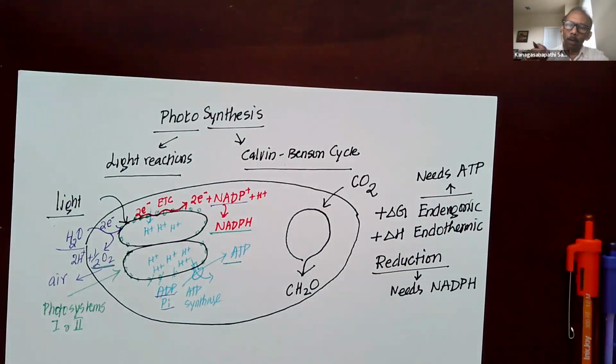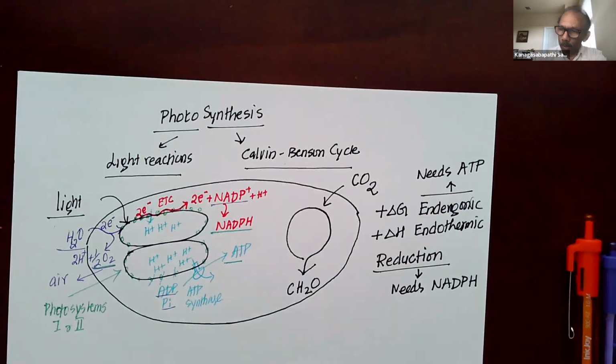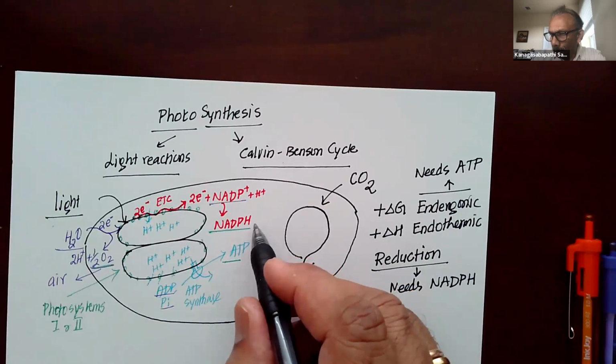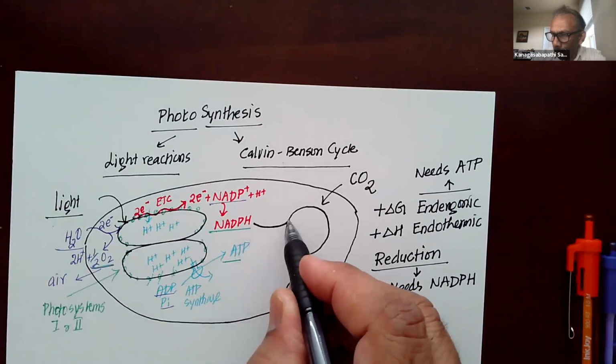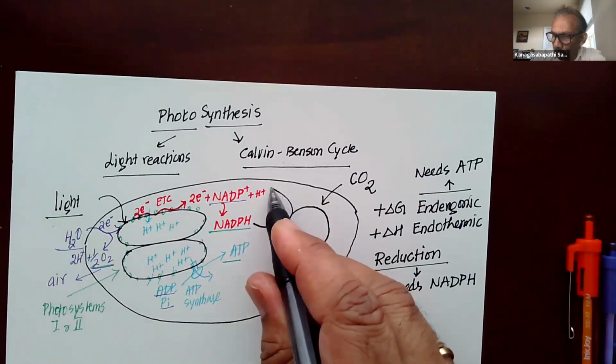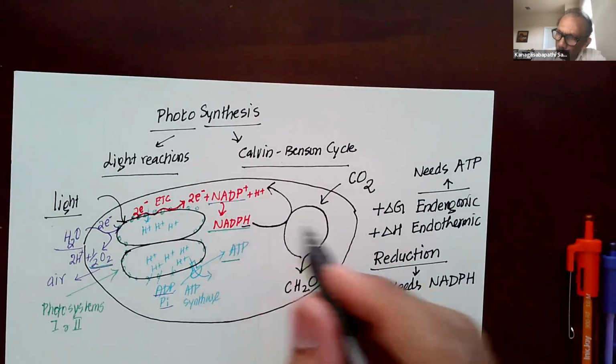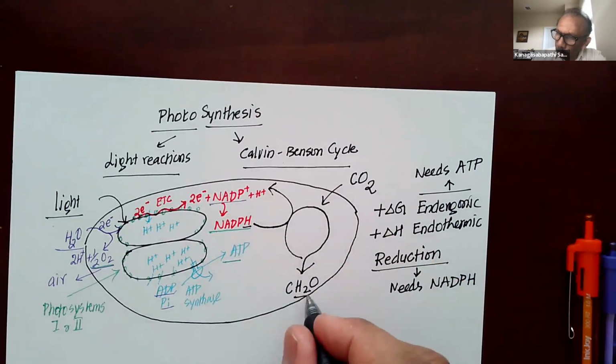So that's where you need to understand the logic, then you don't easily forget this, okay? So let us see what happens here. The NADPH goes in and it becomes NADP+. It gives that hydrogen to CO2 to make CH2O.